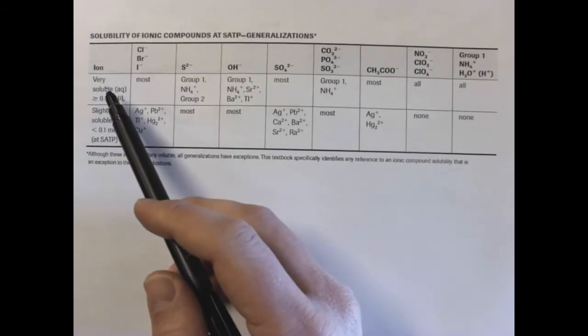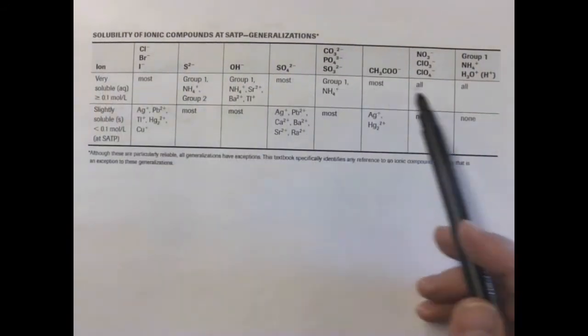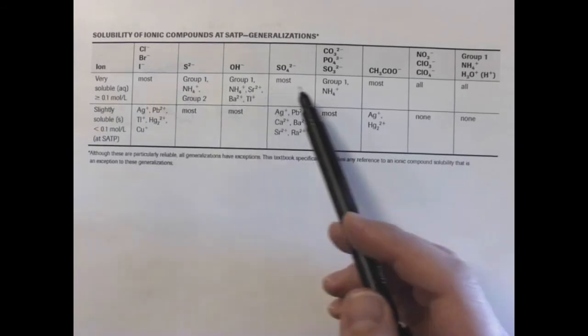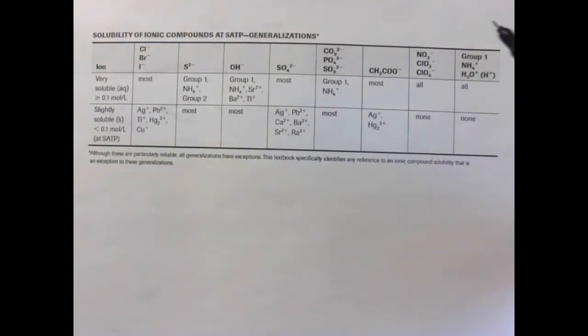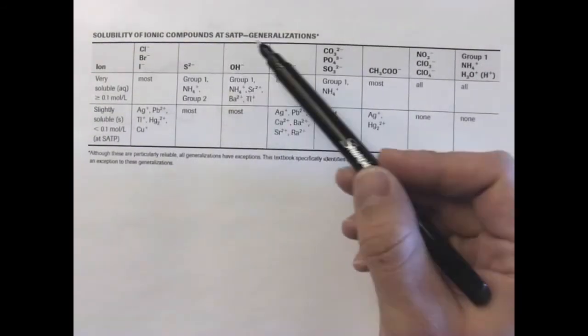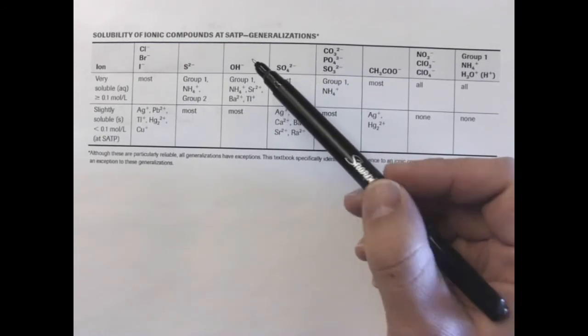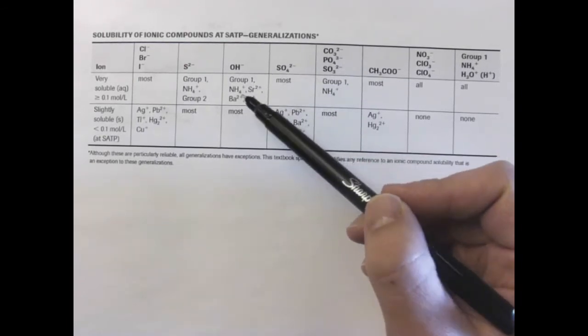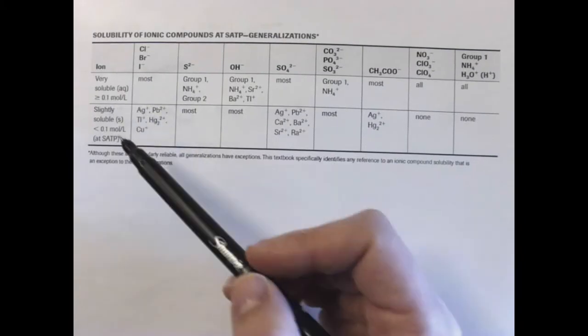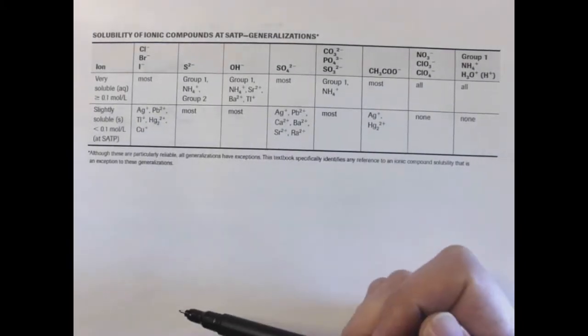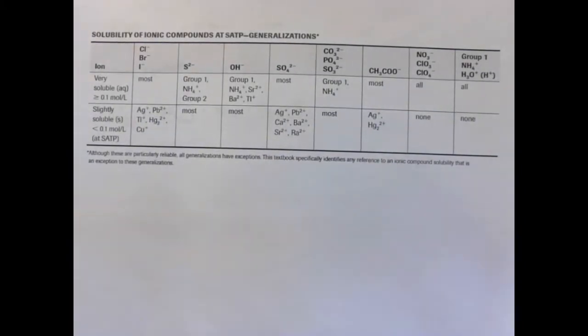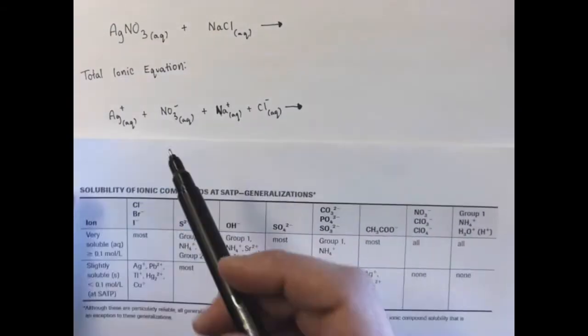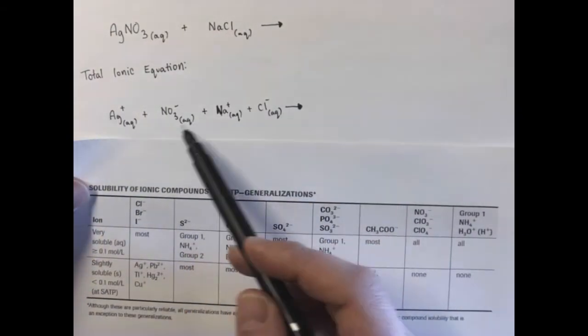So on this row here, this is the very soluble row. And what we usually do is we look for an anion and see which pairings produce something that's very soluble or which pairing produces something that's slightly soluble. So I've got these 4 ions in solution.